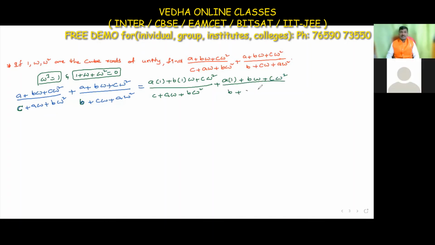C omega plus A omega square. So now replace 1 with omega cube.